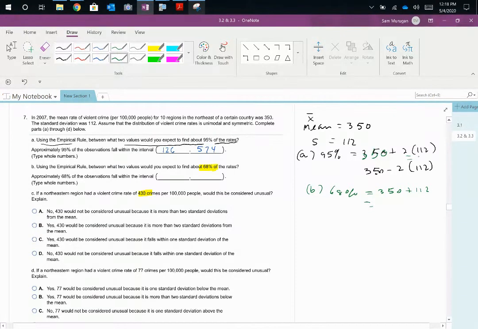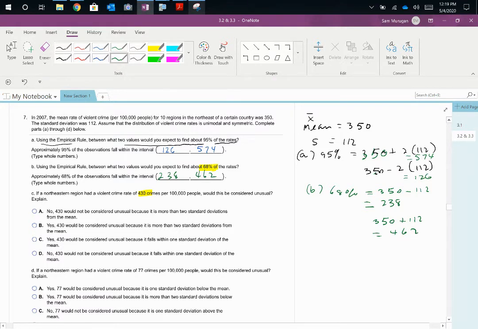This is 574, and this is 126. In this case, it's 350 minus 112, which is 238, and then 350 plus 112, which is 462. When you're entering it, please enter the smaller one first, the one to the left, and then the one to the right.